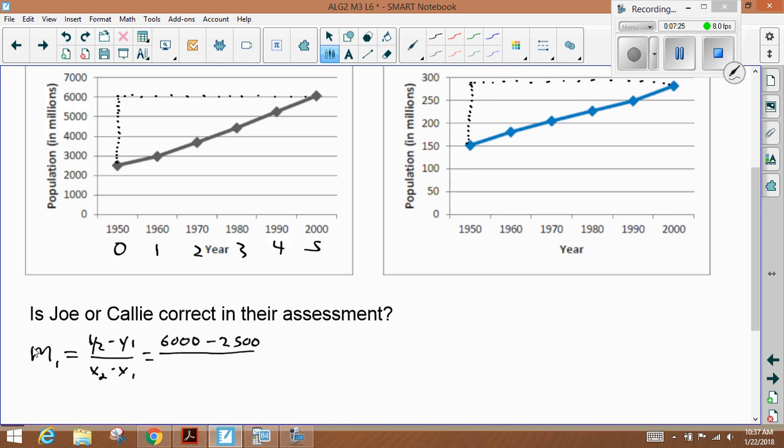So let's say we go from 5 to 0. Or how many years is that really? This would be 10, sorry, 20, 30, 40, 50. Sorry, my bad, right? That's better. So we go 50 minus 0. So we calculate that. 6,000.